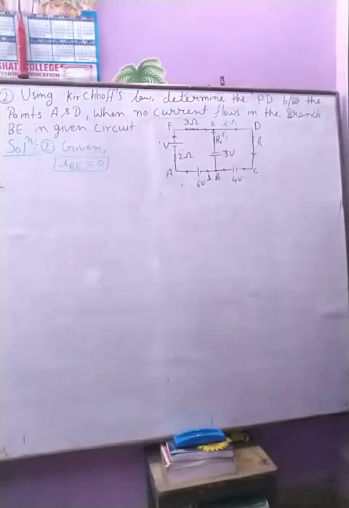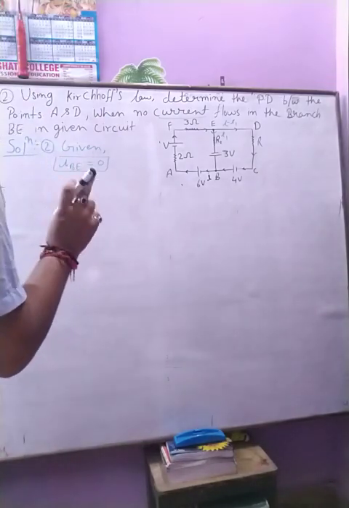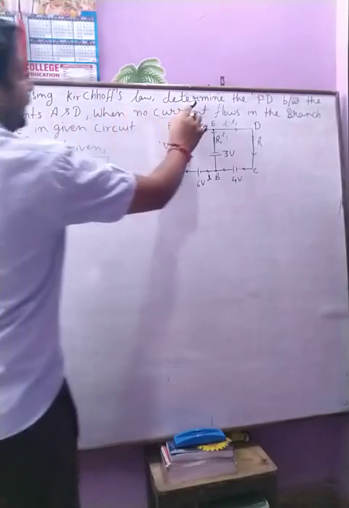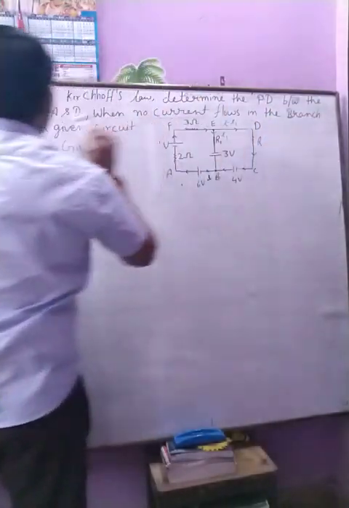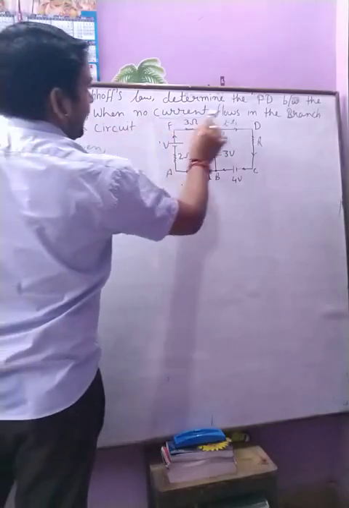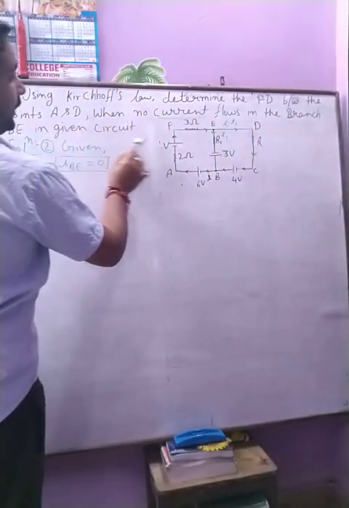Therefore, using Kirchhoff's law, we have to determine the potential difference between the point A and D when no current flows in the branch BE in the given circuit.